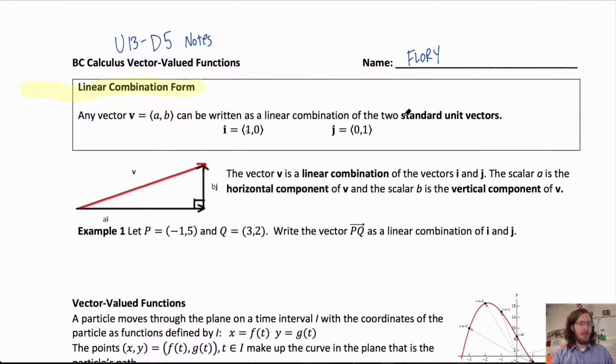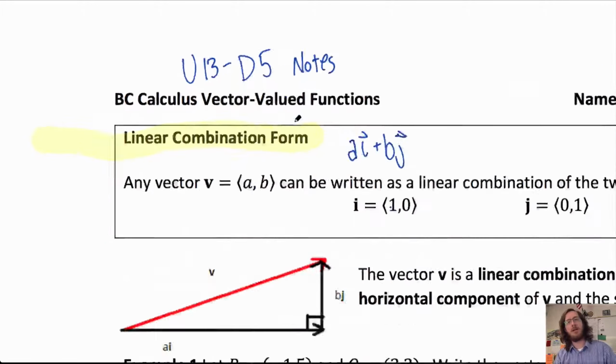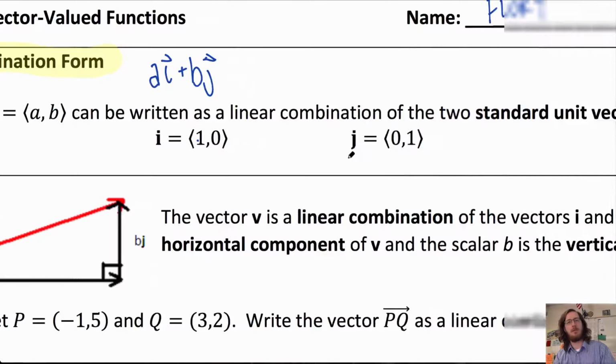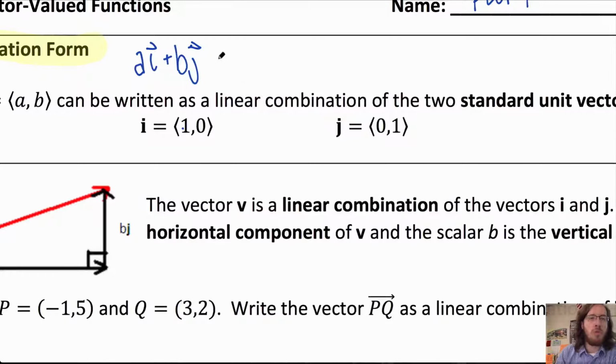So if we have a linear combination form of ai plus bj, then we can show that this is the same thing as our component form a, b.